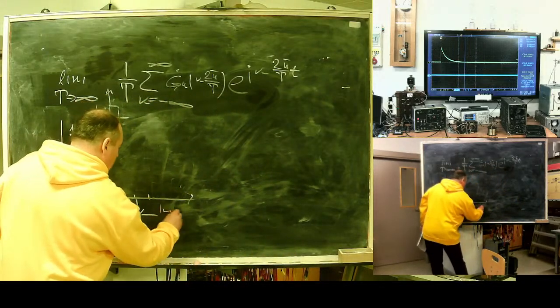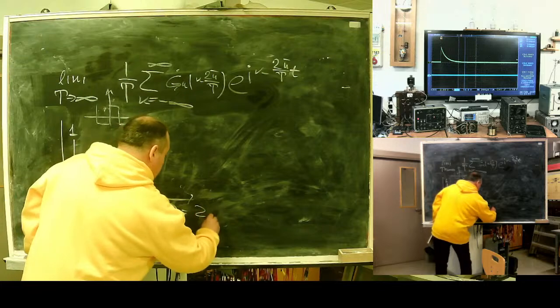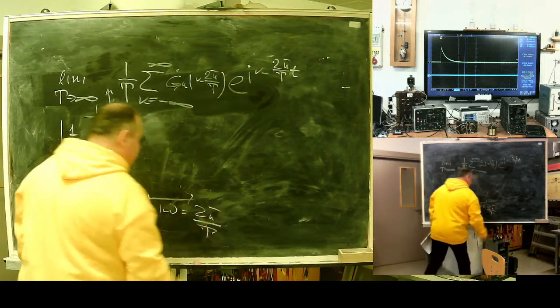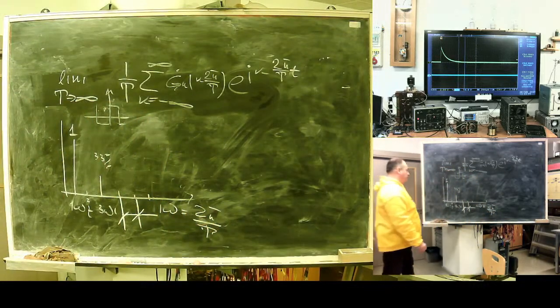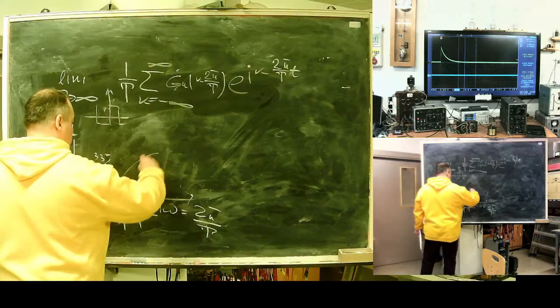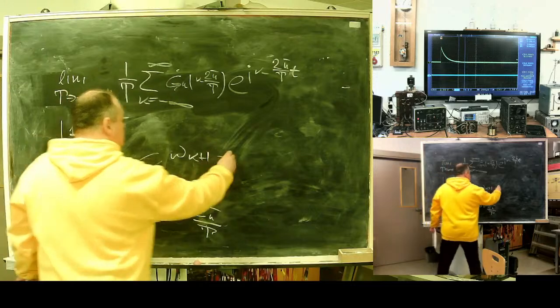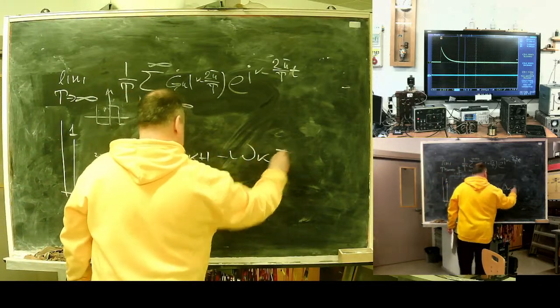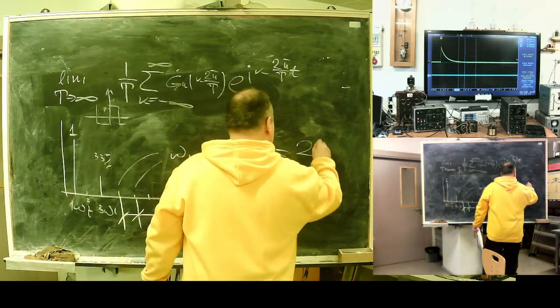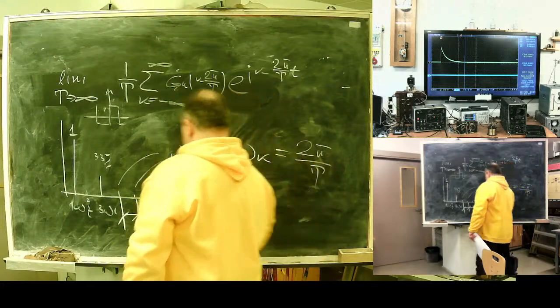It's one frequency, 2 pi divided by period, so the step between the next and previous frequency is 2 pi divided by period.